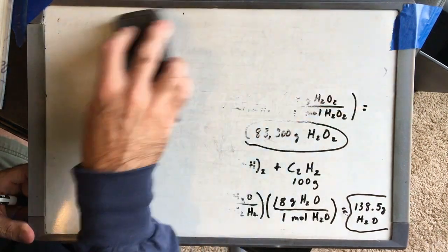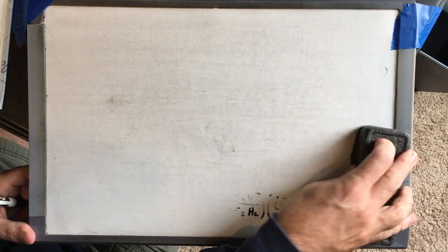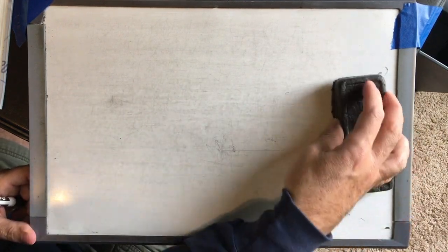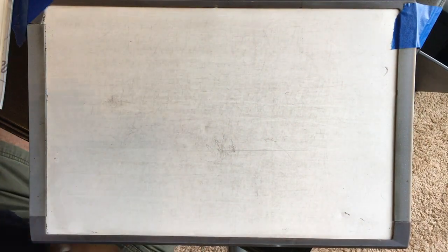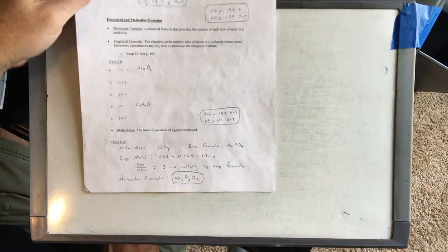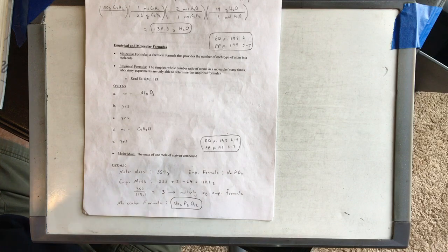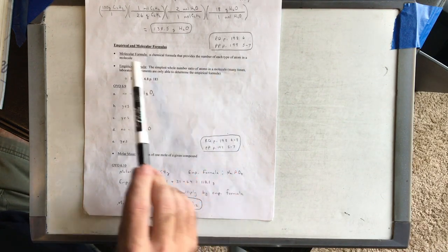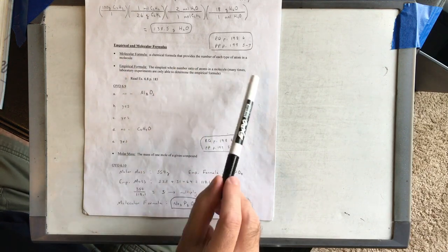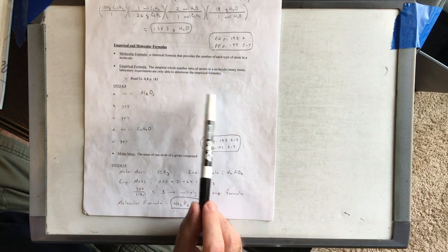Okay, here we can go ahead and get rid of our stoichiometry equation. Okay, a molecular formula is what we've been working with so far. It's a chemical formula that provides the number of each type of atom in a molecule. So that's H2O. That's everything that we've been doing so far.